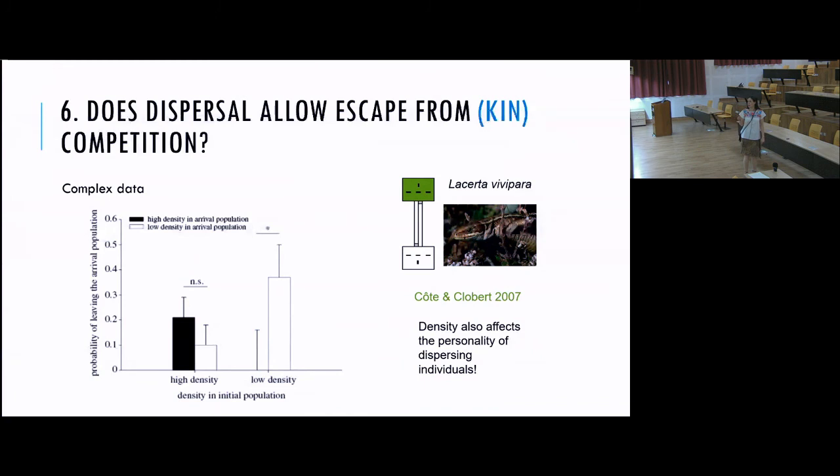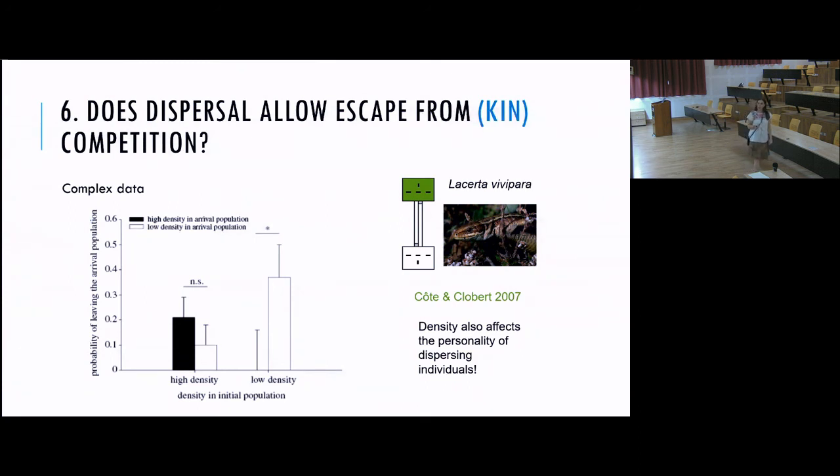Those are experiments done by Jean Clobert and his team, where they had experimental settings with patches with populations of lizards connected by little corridors, and you could close those corridors, and there were traps, so you could capture every individual attempting to disperse in one direction or another, and you could frustrate dispersal by closing the corridor.